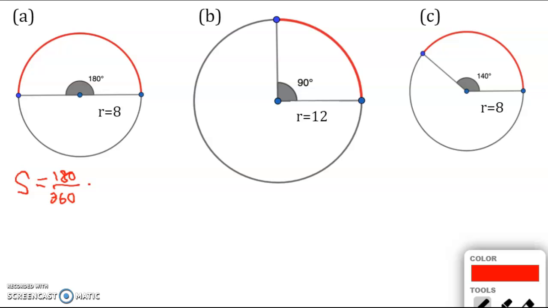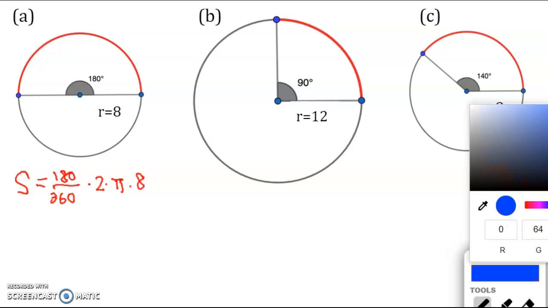In terms of r, that is 2 times pi times 8, and this is the same as 1 over 2. So half of 8 is 4, which makes this 8 pi units of length.